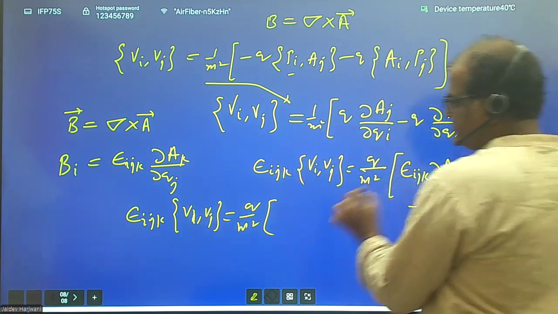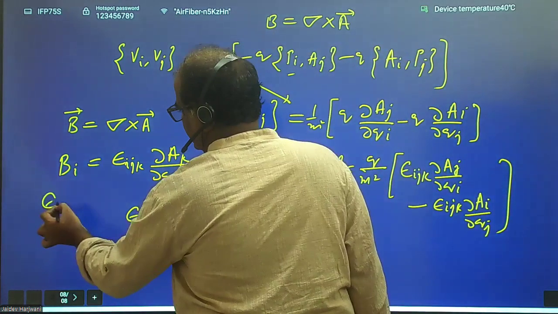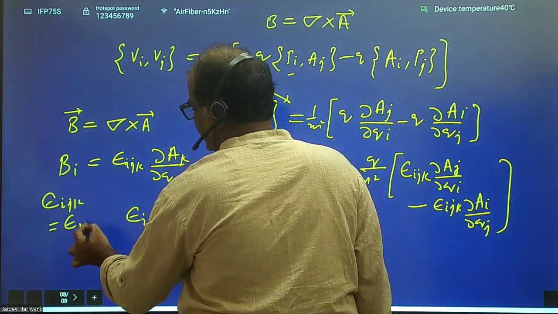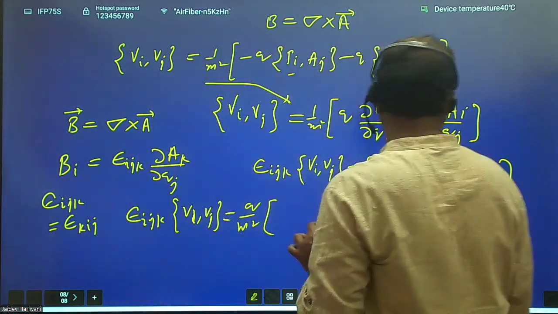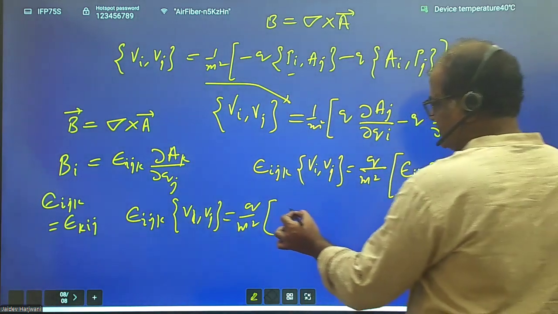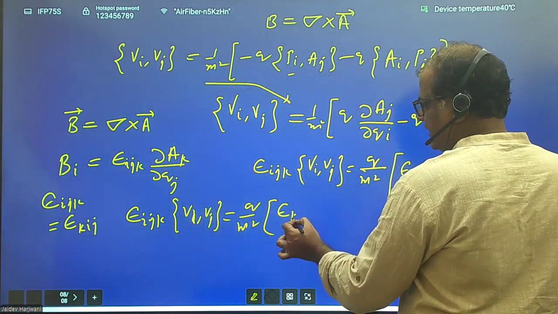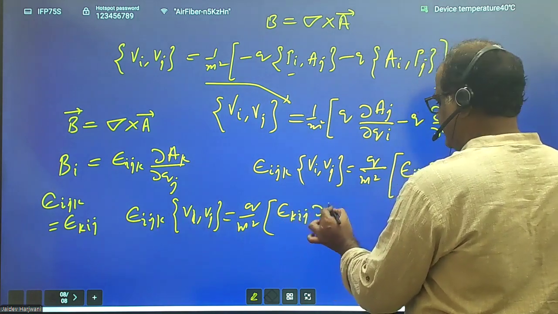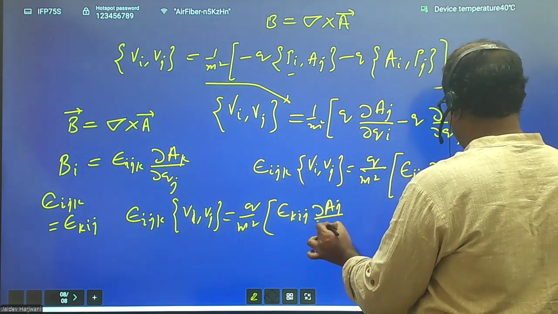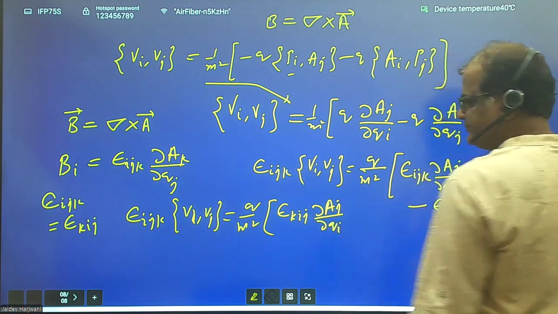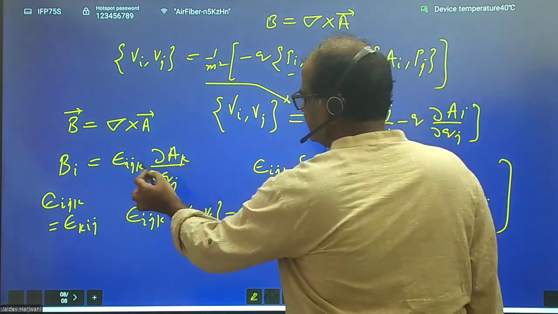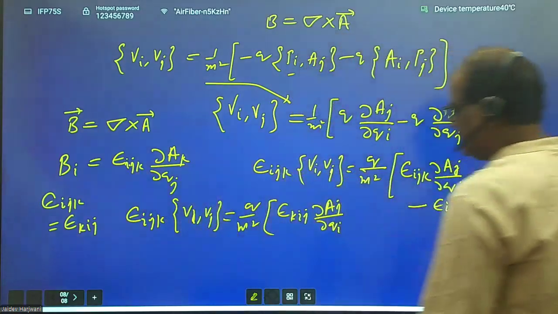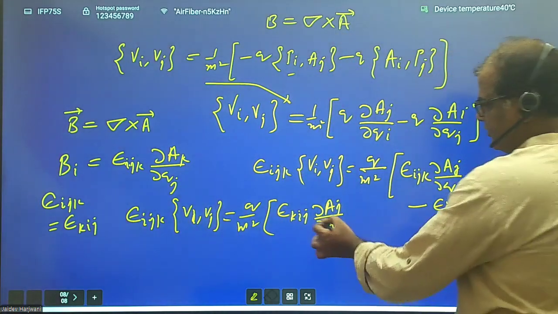Using the property of this symbol, ijk is simply equal to kij. Nothing will change, because here the second is i. So I can write this as ekij del Aj upon del qi. Now this symbol is Bi. Whatever is first, that is the Bi. Now second is down, third is up.